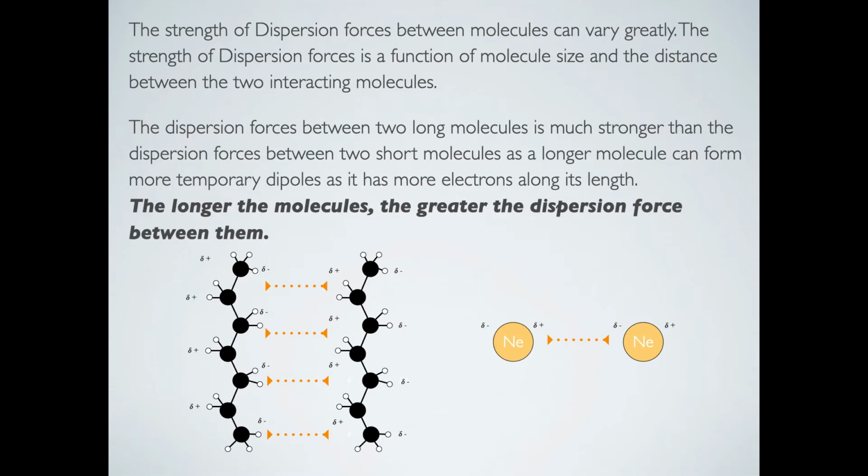I've only got dispersion forces attracting between these 2 molecules. But because they're so long, we can get lots of delta positives and delta negatives. Because they're longer, there are more dispersion forces between these 2 molecules.